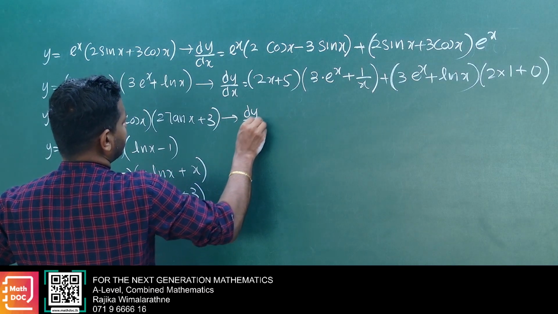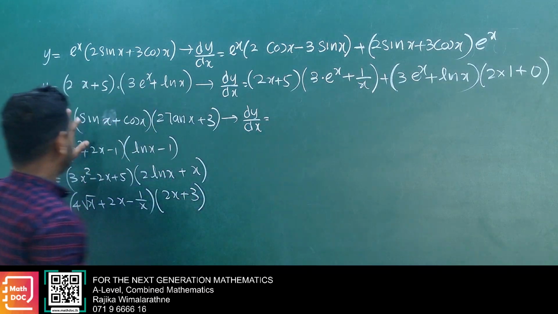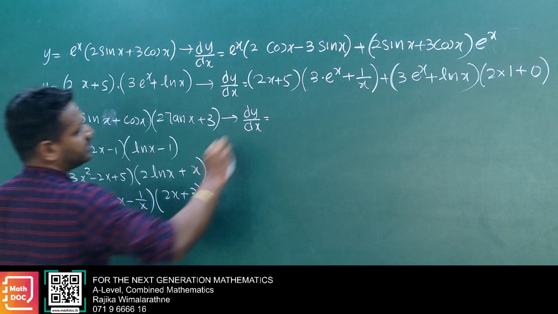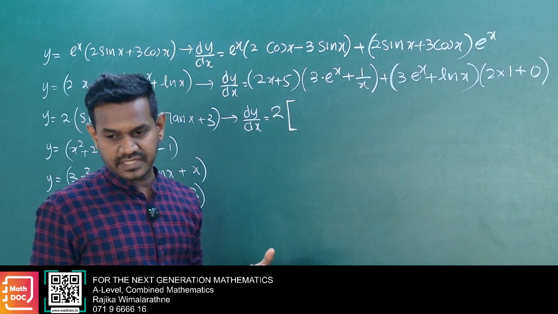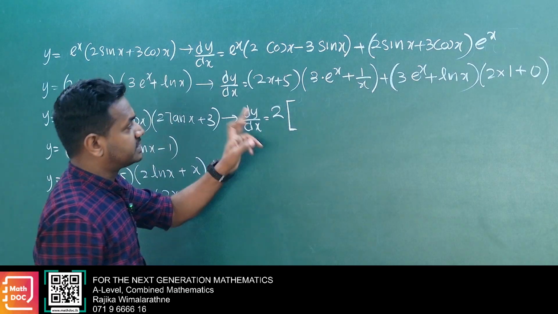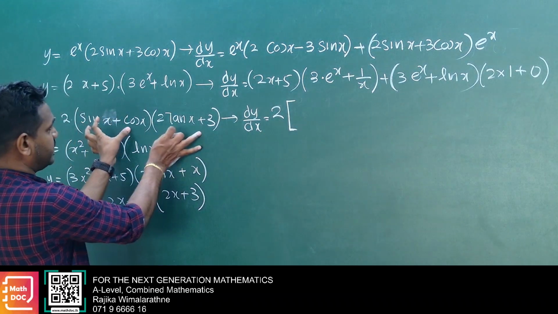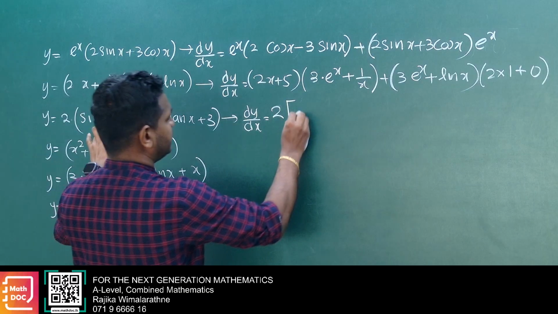Here dy by dx: here we have a constant separated. Then first go to the constant times function relation. Then the constant times the derivative. When you differentiate this, we have a product.